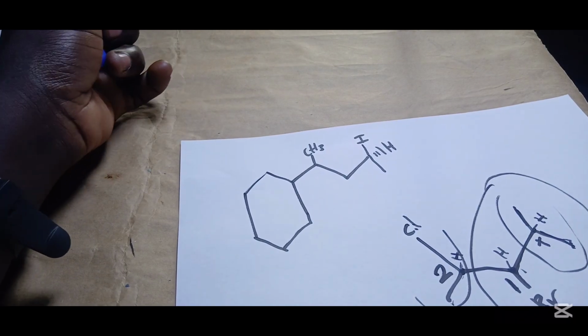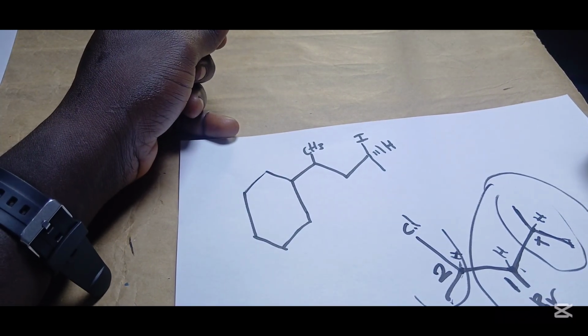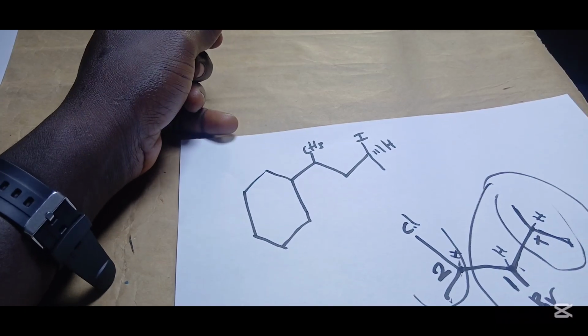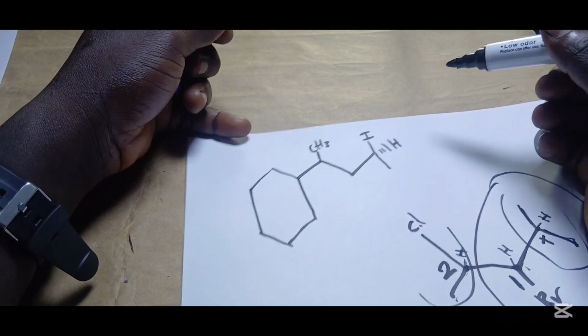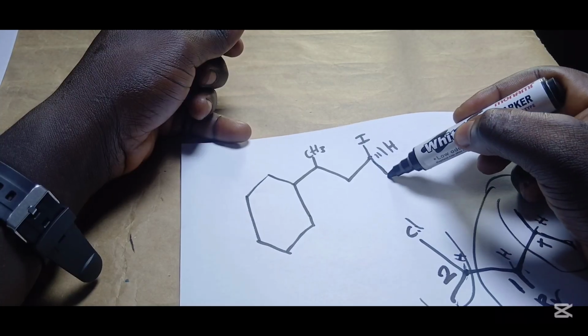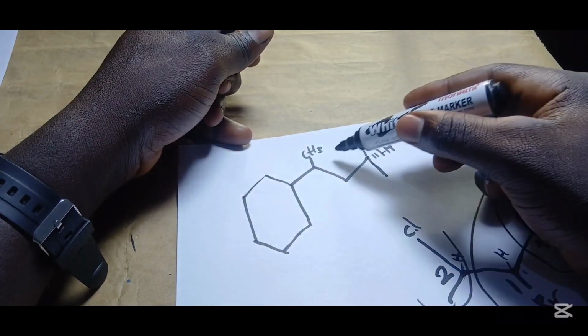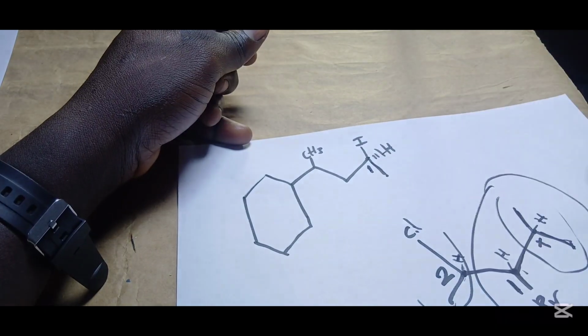Let's look at this. How many chiral centers do we have in this molecule? Well, we are looking at the carbon atom with 4 different groups. This carbon atom here has a methyl group, an iodine, a hydrogen, and a long substituent. So this is a chiral center.